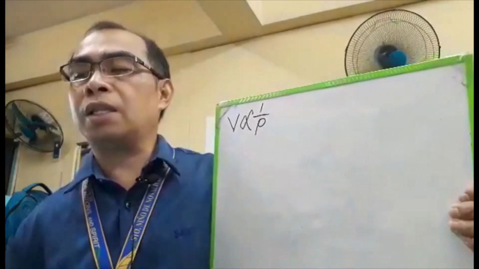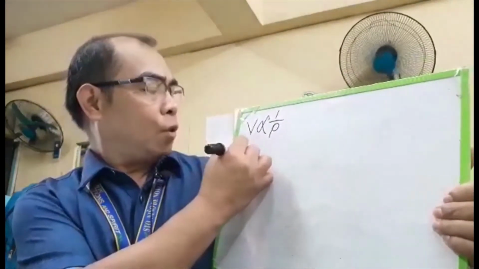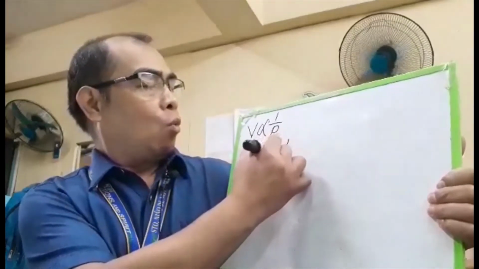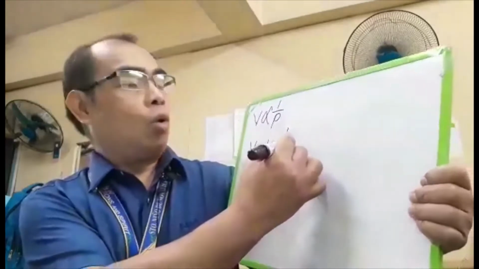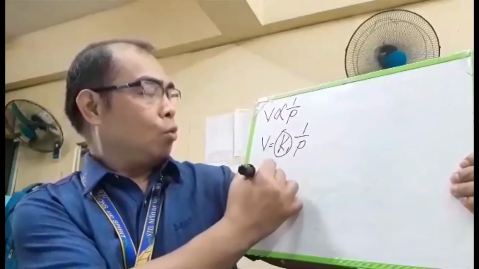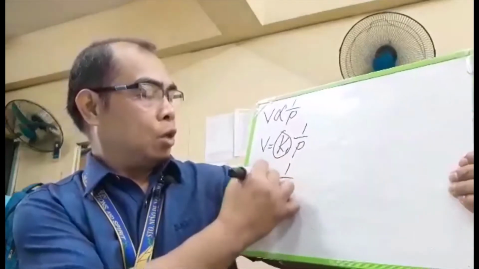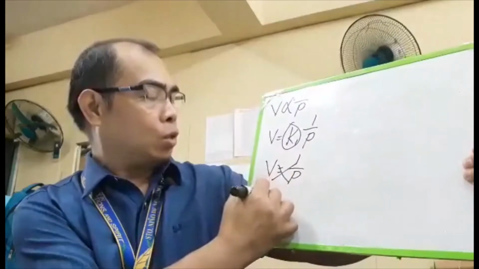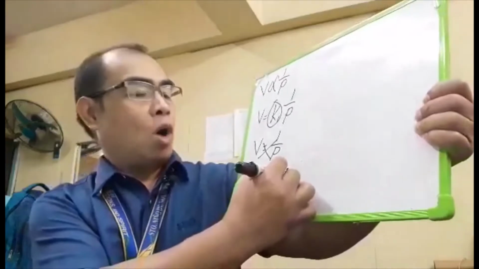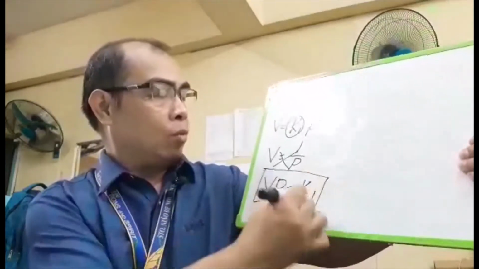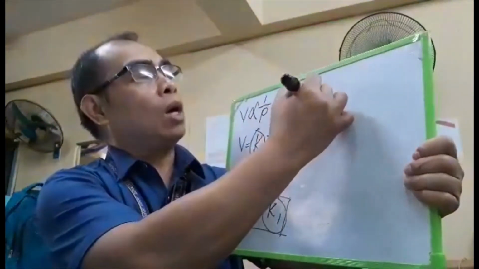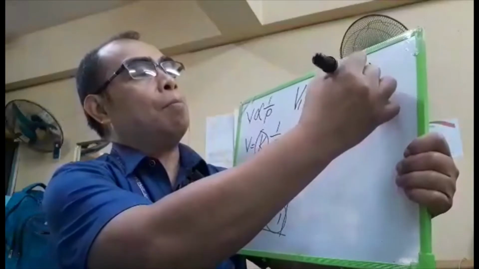We can also say that volume is equal to K1 over P. Or cross-multiply, since we are talking about a constant, so we have VP is equal to K1. So, we can say V1 P1 is equal to V2 P2.